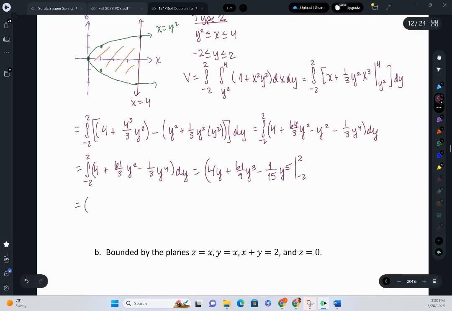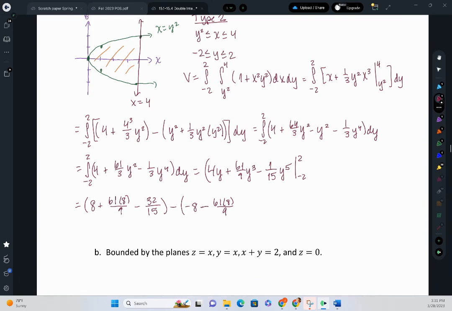So this is equal to 4 times 2 is 8 plus 61 times 8 over 9 minus, well, actually the 2 to the 5th is going to be 32 over 15, minus, in parentheses, 4 times -2 is -8 plus, that'll be minus actually, because a -2 cubed gives me a minus, so I get 61 times 8 over 9. And then the y to the 5th also gives me a minus, so I'll get a double negative plus 32 over 15.